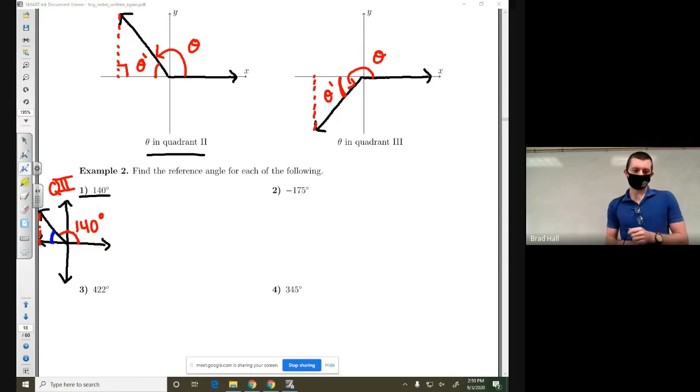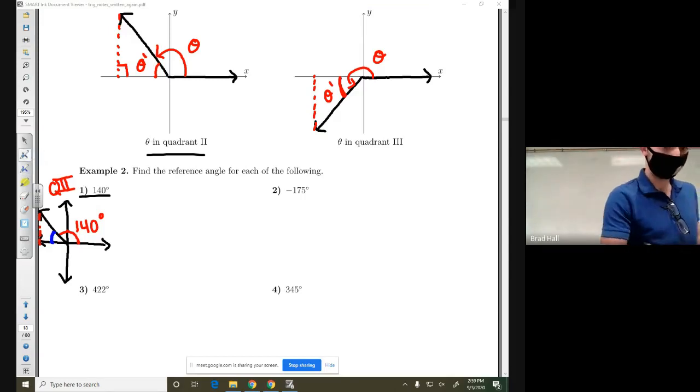If we know that the initial red arc is 140 degrees, and we know that going to the full flat line would be 180 degrees, arithmetic would make sense to find that blue arc. 180 to 140. Yeah, it'd be 180 minus 140.